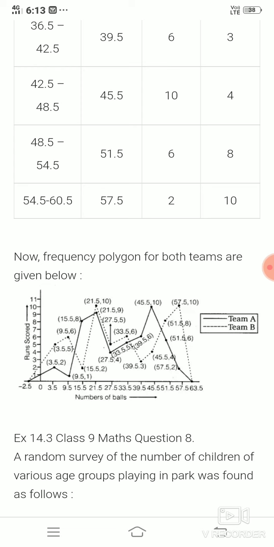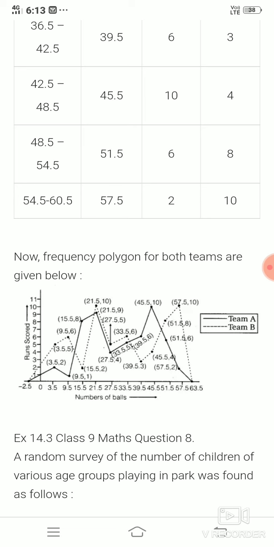Here the first x axis is given: in the first line 1 centimeter is 3.5, next 1 centimeter is 9.5, next 15.5, so each centimeter is 6 units.